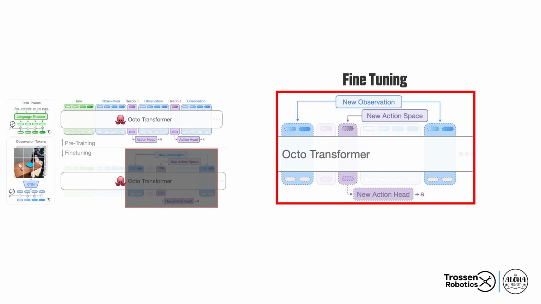This is a significant advantage over the previous models, where changing the input configurations often required reinitializing and retraining large parts of the model. Octo's modular design makes it a versatile tool capable of handling diverse robot sensors and action configurations, making it a valuable asset for the robotics community.